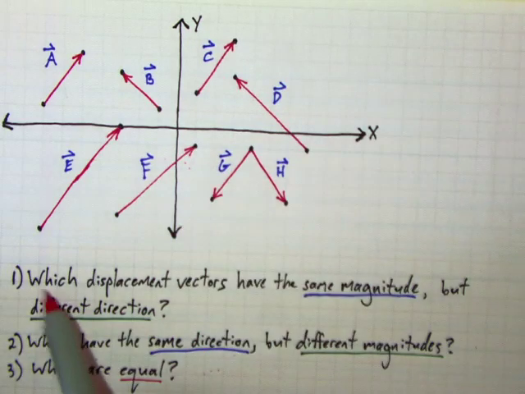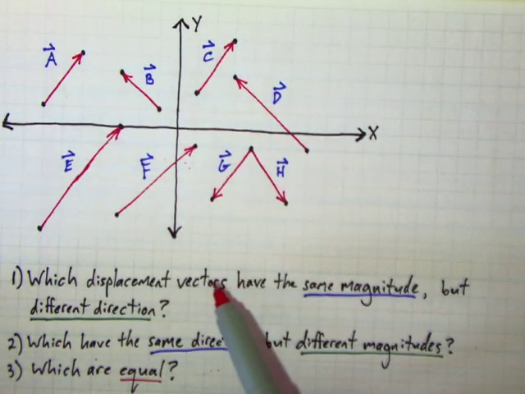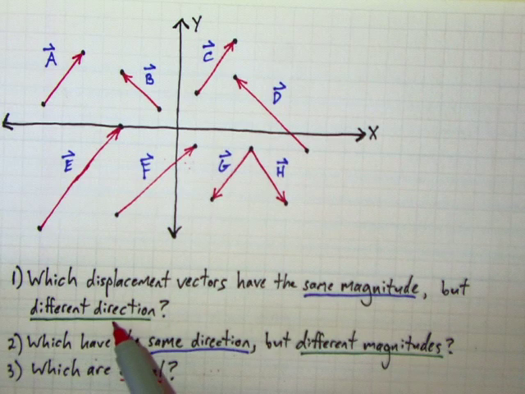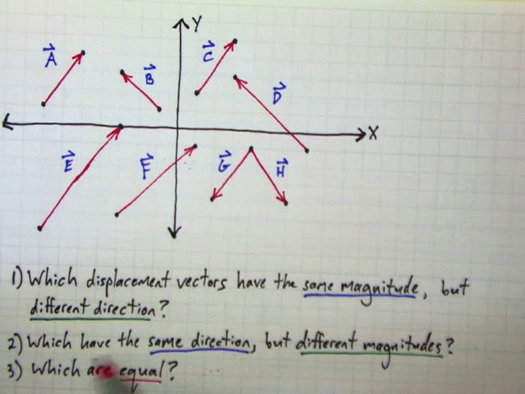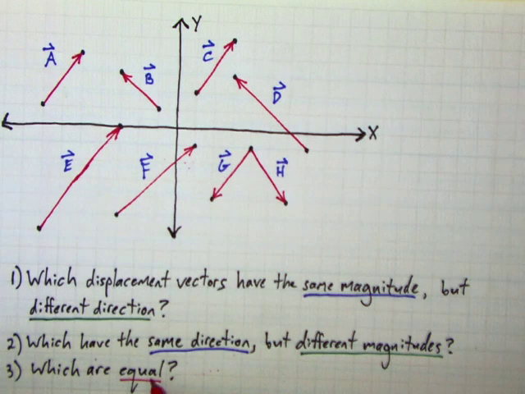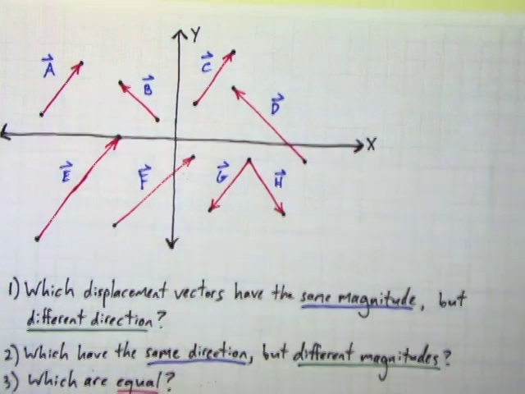So my questions are, of these 8 different displacement vectors, which ones have the same magnitude but different direction? Which ones have the same direction but different magnitudes? And which are equal? To be equal, two displacement vectors have to have the same magnitude and the same direction. Okay, pause the video, answer those questions.